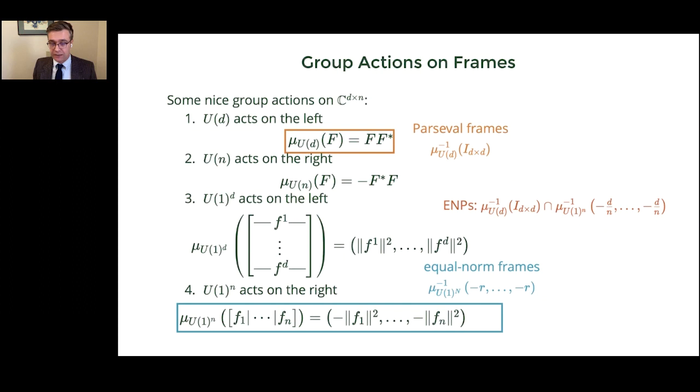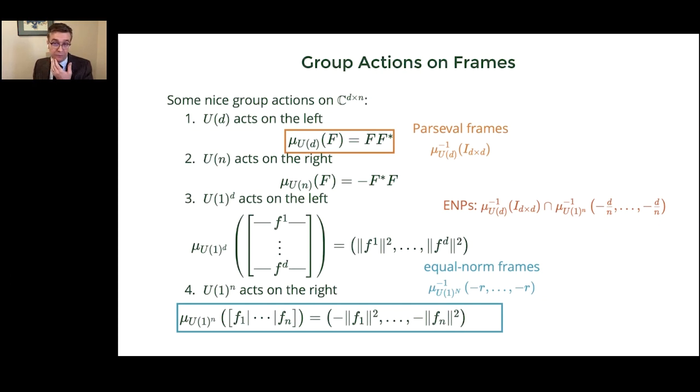And if I want both at the same time, so if I want equal norm Parseval frames, I want them to be both Parseval and equal norm, then that's like an intersection of these two level sets, which maybe doesn't sound super great, but I could also think of it as the level set of the moment map associated to the product group action. So I could think of the product of the left UD action with the right torus action.